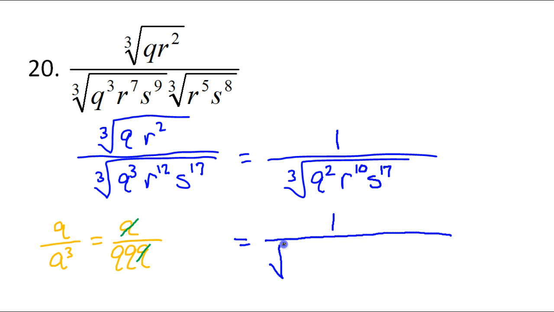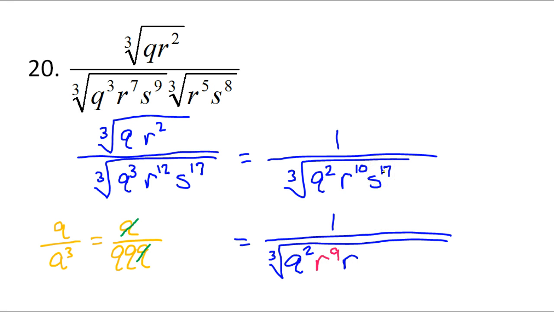So I will have the cube root, and I've got my q squared, but r, I can split up r to the 10th power as r to the 9th power and with one extra r. Okay, for a total of 10. Why 9? I wanted something divisible by 3, so I picked the first number under 10 that would divide by 3.